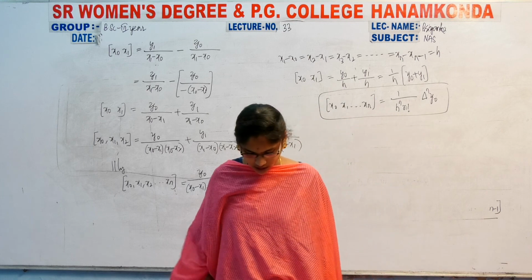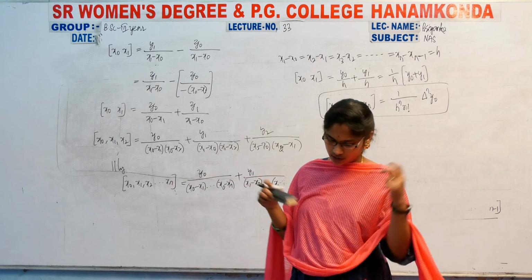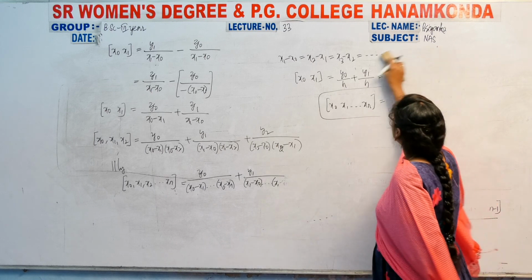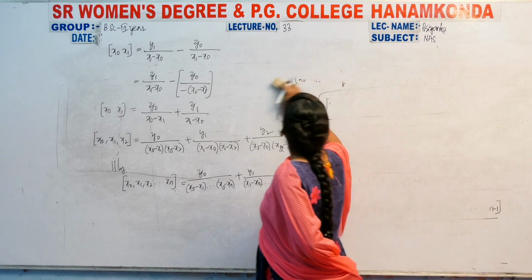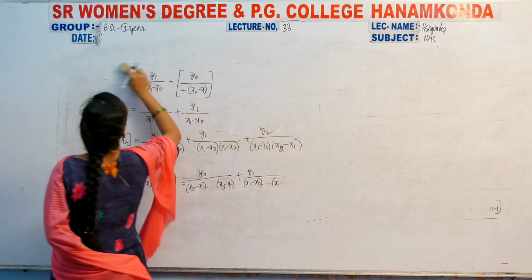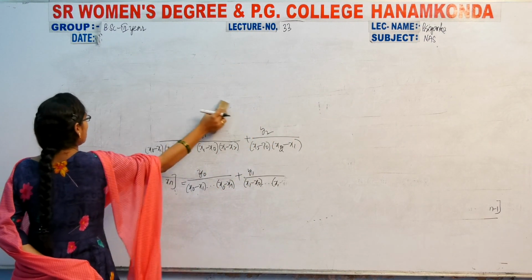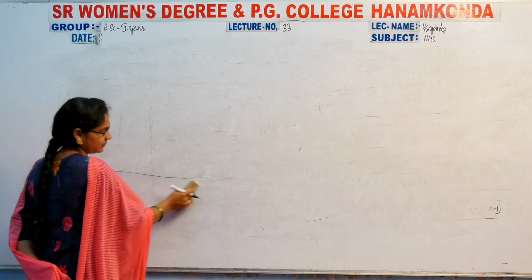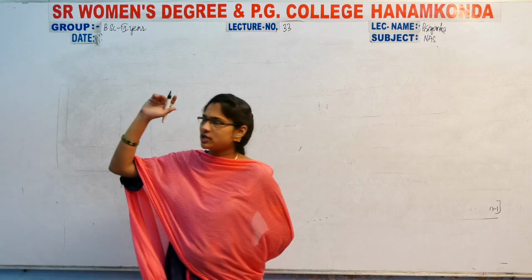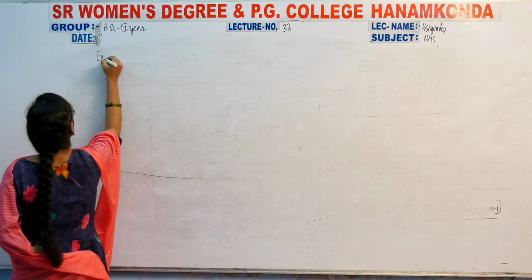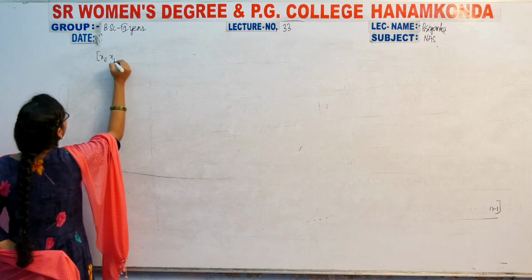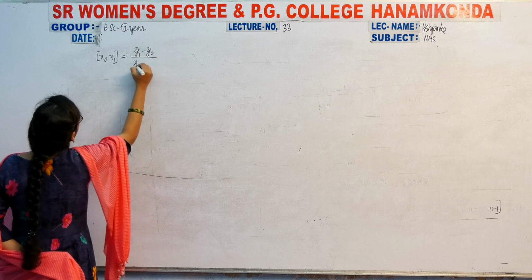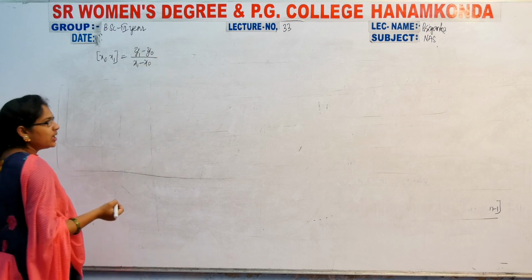Okay. Next, Newton's general interpolation formula. Generally here we know that x0, x1 is equal to y1 minus y0 by x1 minus x0, right?